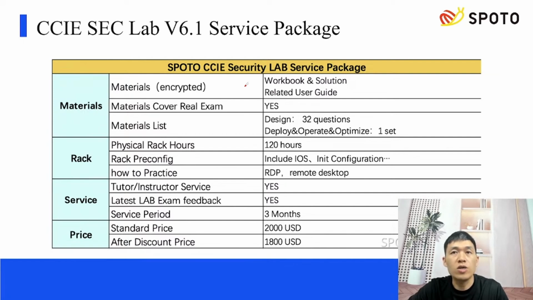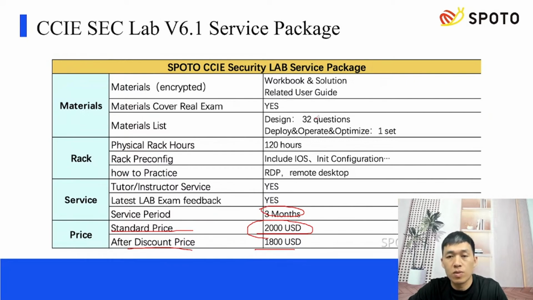Alright, once again, we will take a look at our service package. Even though we have solved this before, and here the standard price for the new version is $2,000. After discount price, it will be $1,800. We will provide you 3 months service.